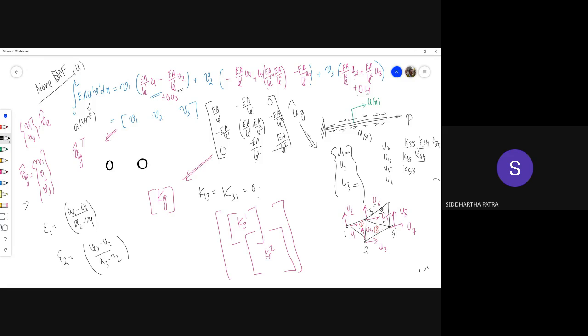But more on this later. This is how the assembling works. So this process is called assembling the global stiffness matrix.